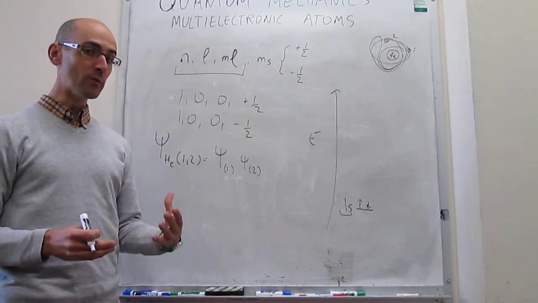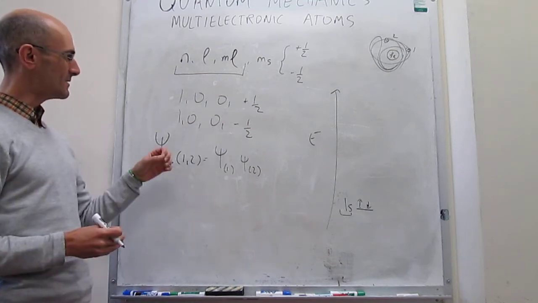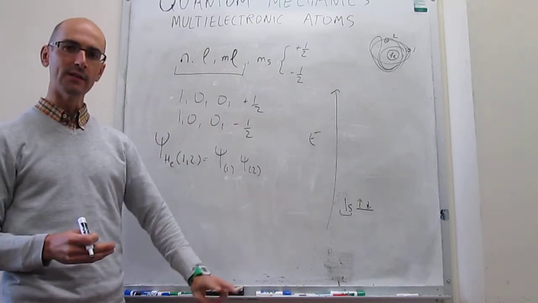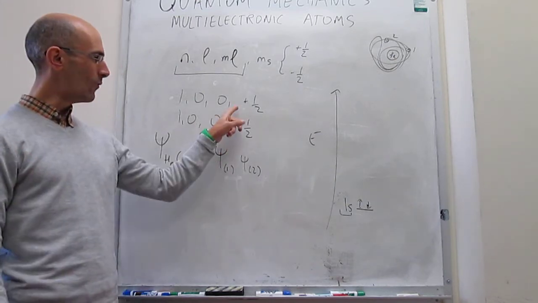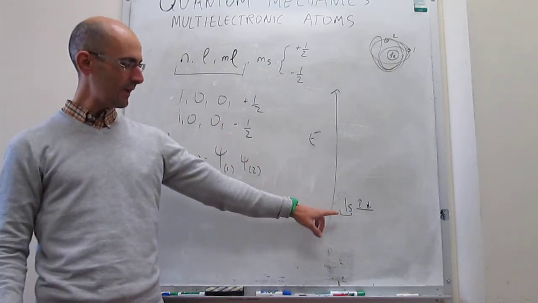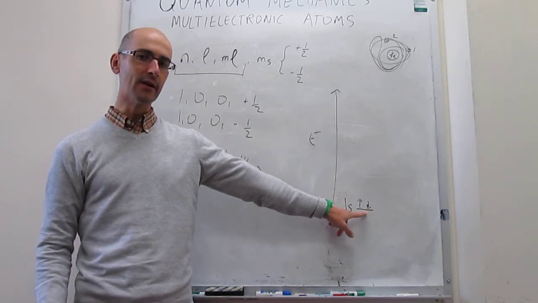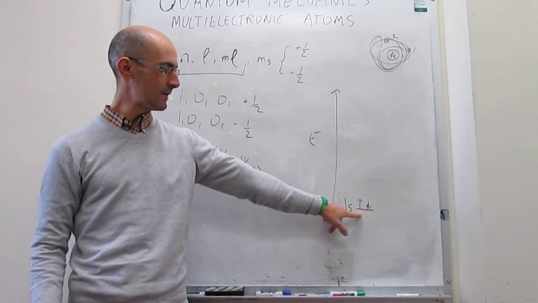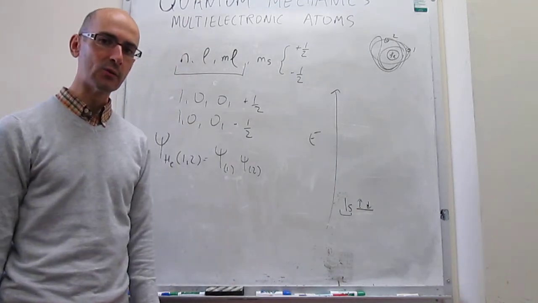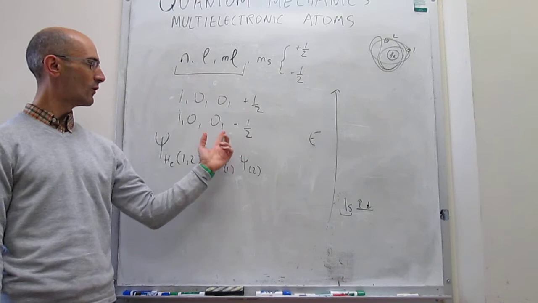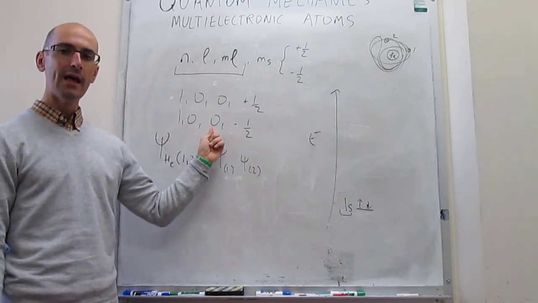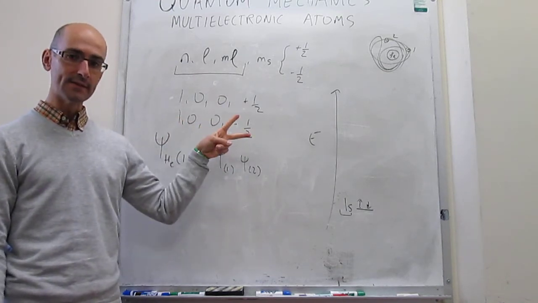The language that we normally use to explain this is to say that the 2 electrons in the helium atom occupy the 1s orbital, okay, as long as they have antiparallel spins. Okay, this antiparallel spin here is what we call the Pauli exclusion principle, again, which says that you can have the same 3 quantum numbers n, l, and m sub l as long as you have opposite spins.